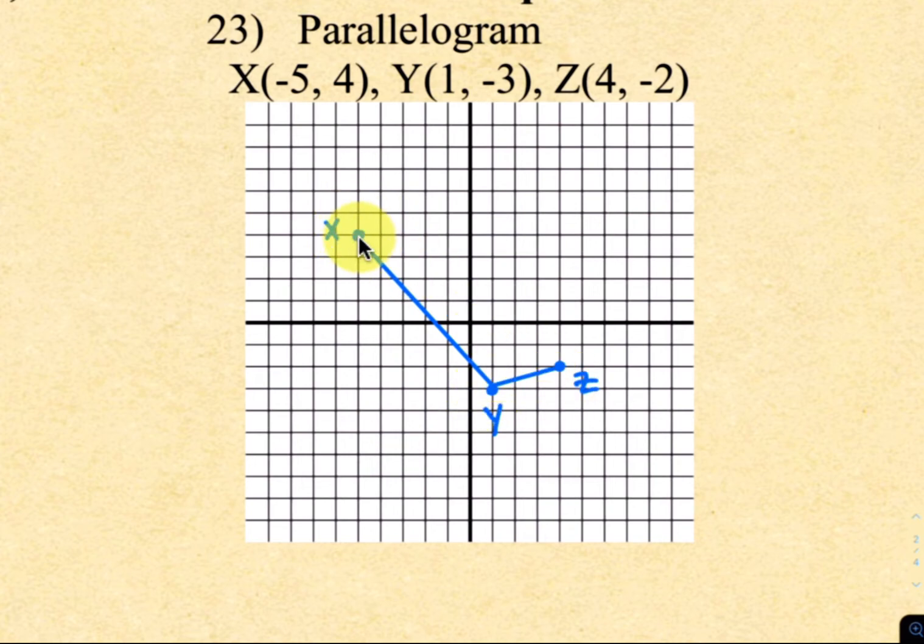So, starting at X, go up 1 and over 3, and that's where point W will be. So there's your point. We'll call it W. Let's connect this point to X, and let's connect this point to Z, and yes, that looks like a parallelogram. And now we can call this point W, which is -2, 5.